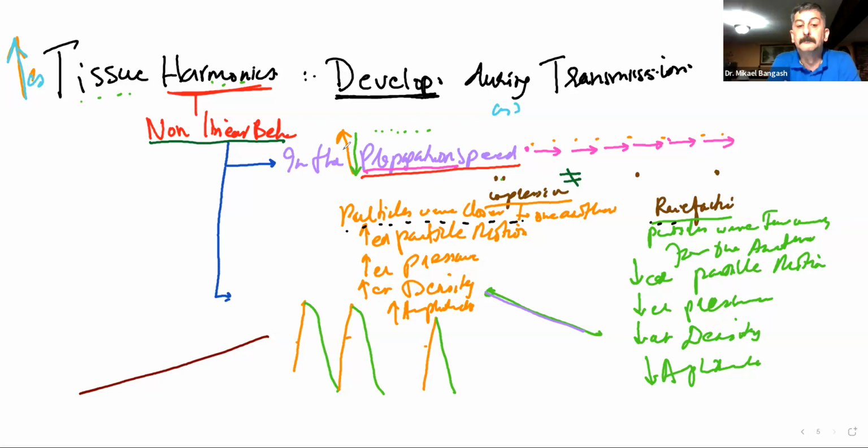Did that make sense? The propagation speed here also becomes relevant for contrast harmonics.